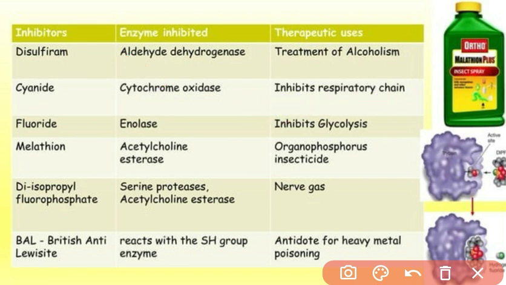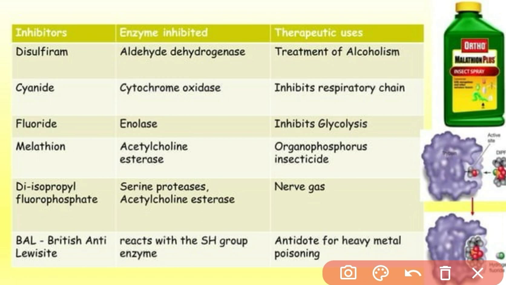Then fluoride. Fluoride ions inhibit alcoholic fermentation and glycolysis. Fluoride strongly inhibits the enzyme enolase, which converts phosphoenolpyruvate to pyruvic acid, and this enzyme is important in glycolysis.